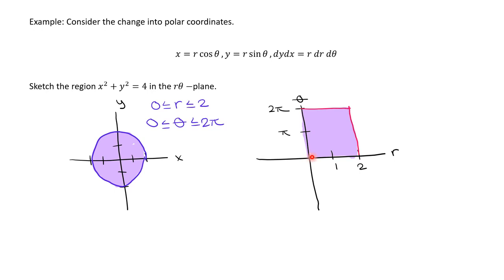And then I'm going to indicate that the r values always go from 0 to 2, and the theta values go from 0 to 2 pi. So in the xy plane, we had a circle, but when we do this transformation, we now have a rectangle in the r theta plane. And integrating over a rectangular region is much easier than integrating over that circular region.